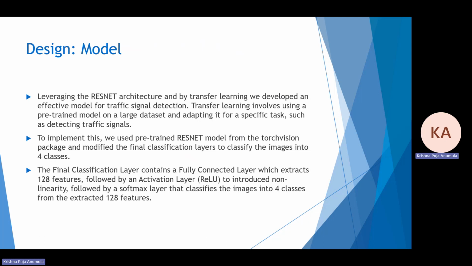To implement this, we used a pre-trained ResNet model from the TorchVision package, and we modified the final classification layer. Our final classification layer mainly contains a fully connected layer, which extracts 128 features, followed by an activation layer and a softmax layer.